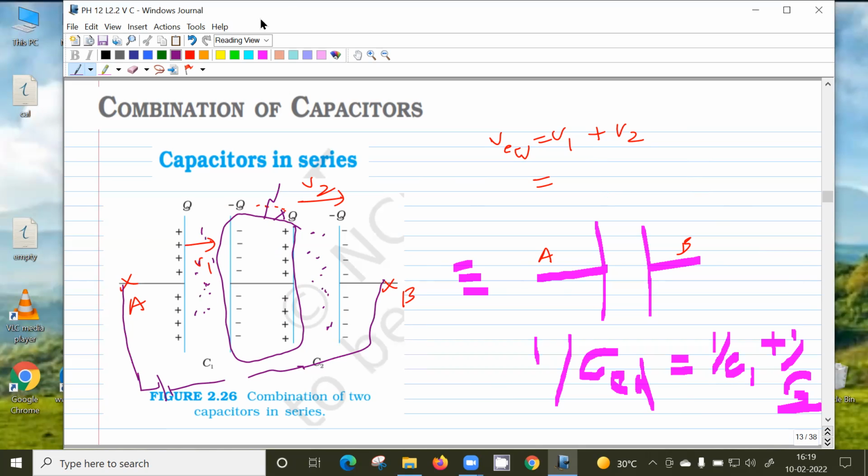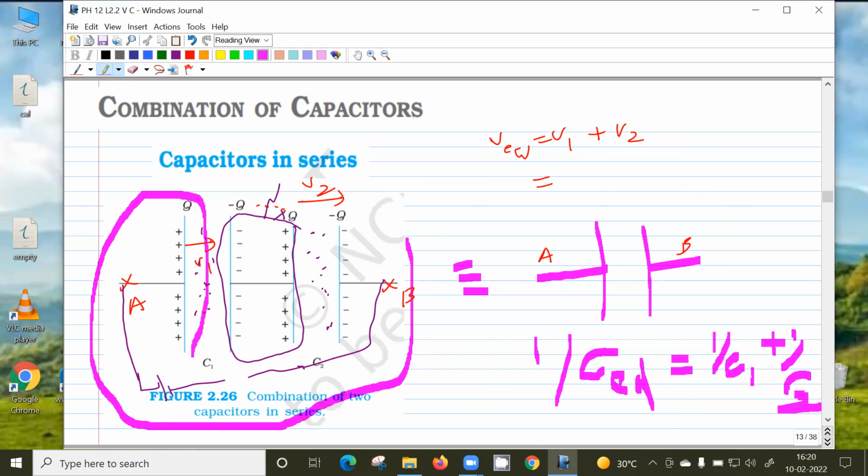So similarly, initially these two will also form a system: this metallic plate and a connecting wire, battery, this connecting wire, and this plate along with this battery. This will form a closed system in which there was no charge, because before the battery is connected, I just connected by a plain switch.